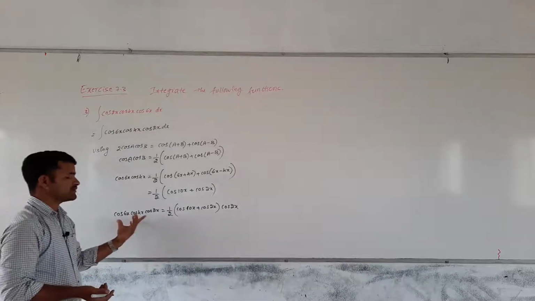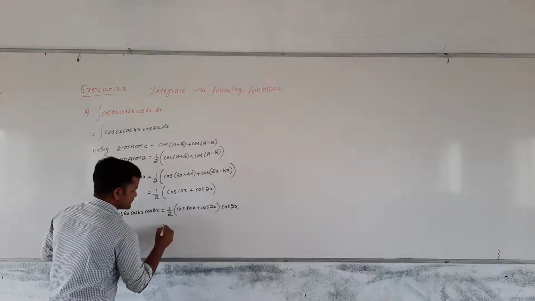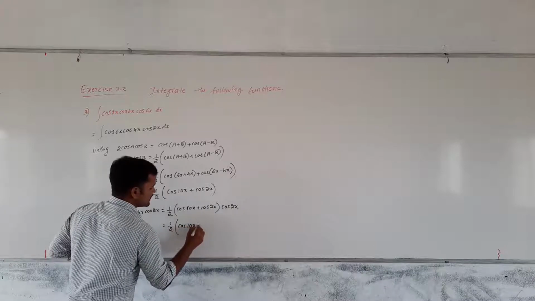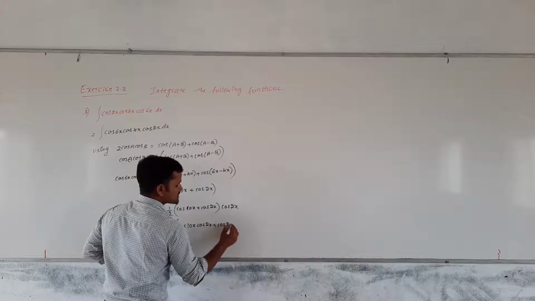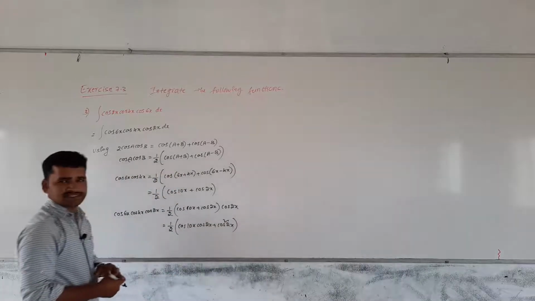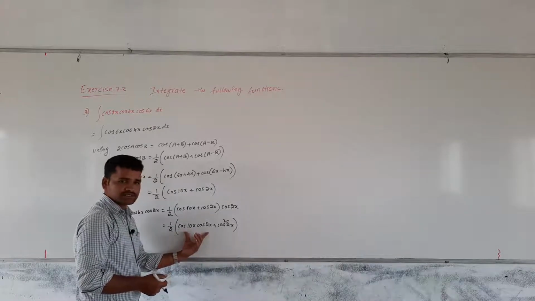We are getting whatever is there in the integral. Now this cos 2x gets multiplied with these two: 1 by 2 times cos 10x into cos 2x plus cos 2x into cos 2x, which is nothing but cos square 2x.